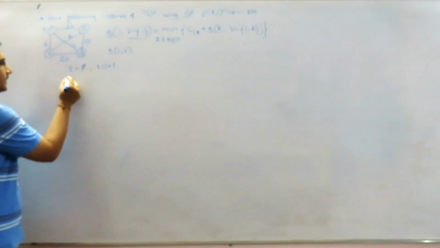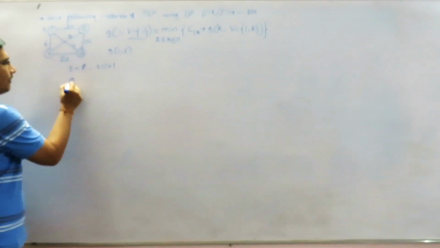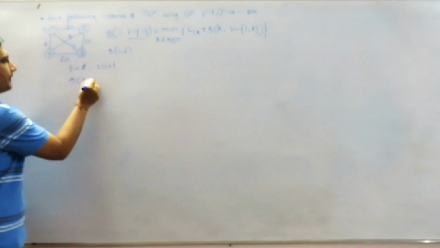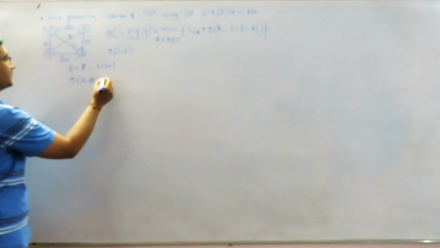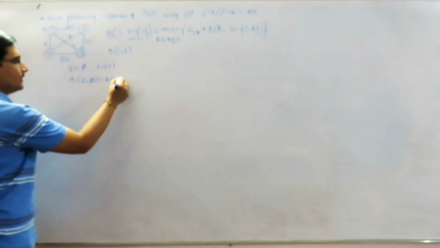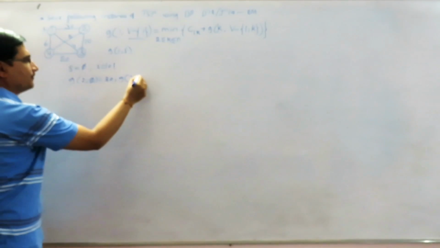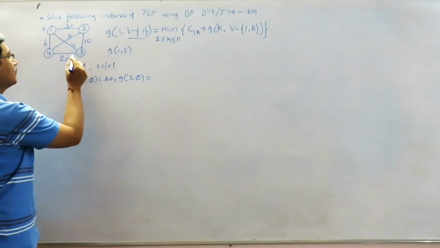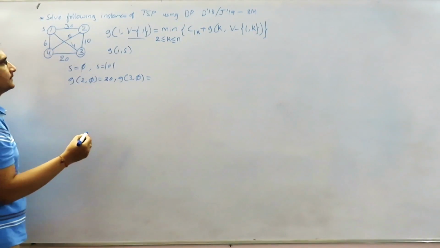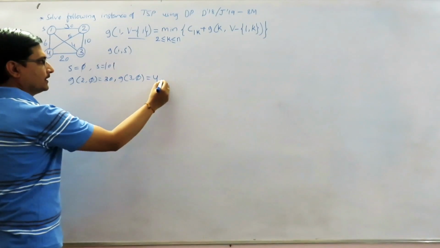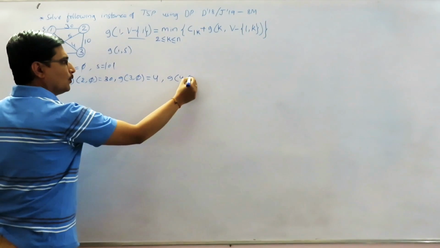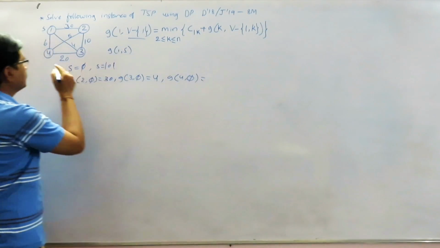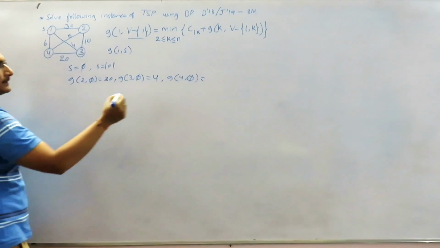In that case, G of 2 comma phi will be equal to 2 to 1, that is the distance 30. G of 3 comma phi is equal to 3 to 1, that is 4. G of 4 comma phi is the distance from 4 to 1, that is 6.